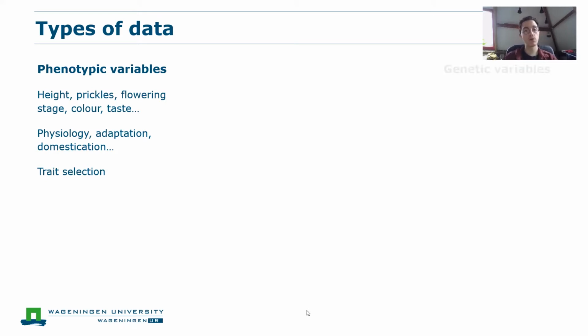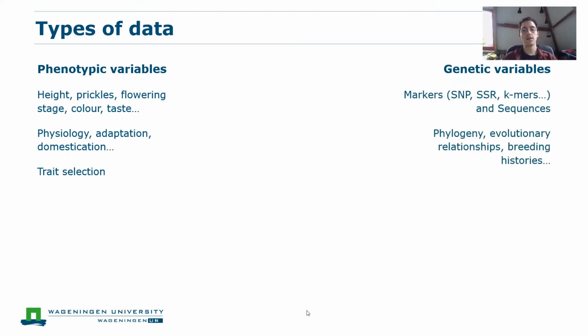On the other hand, when we look at genetic variables, we're talking about markers or sequences. The information that we're going to get is about the phylogeny or the evolutionary relationships or the domestication history of those organisms, and therefore has more to do with the origin and the relationship of organisms with each other.